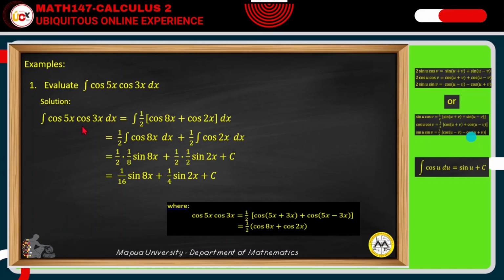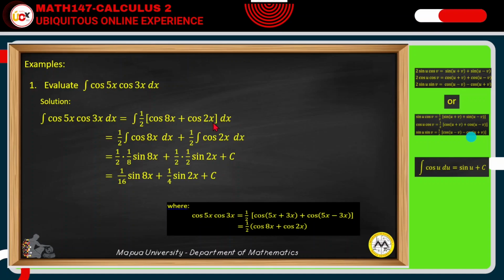We can now rewrite this as the integral of 1/2 times, using that formula, cosine of u plus b, where u is 5x and b is 3x, so 5x plus 3x is 8x, plus cosine of the difference, so 5x minus 3x is 2x, so you have cosine 2x quantity times dx.